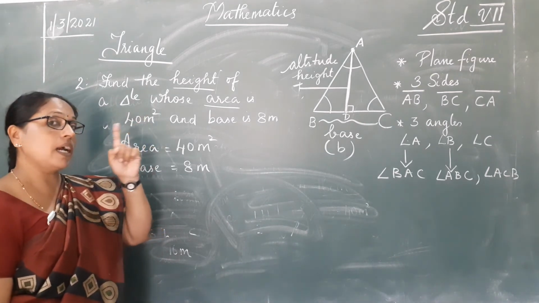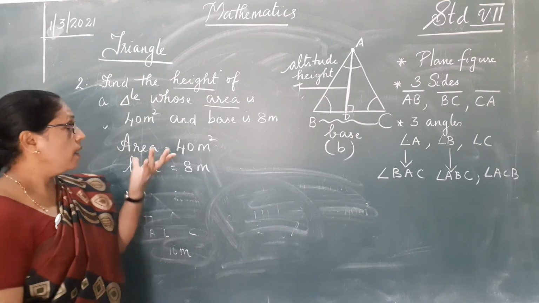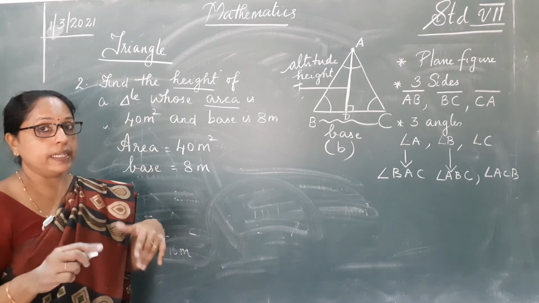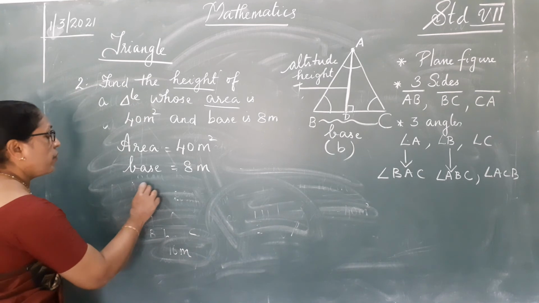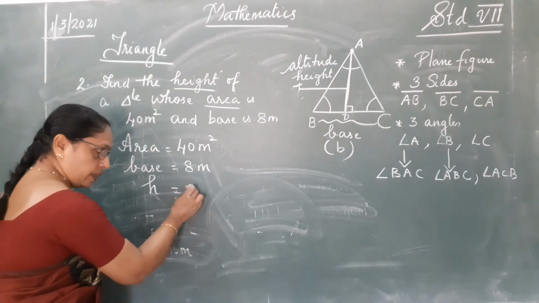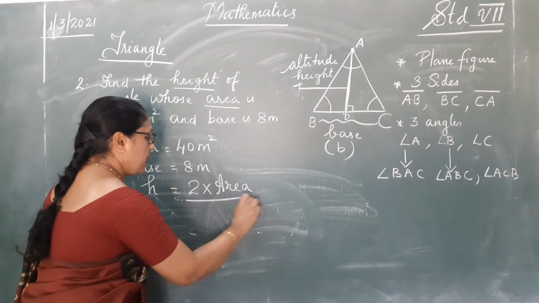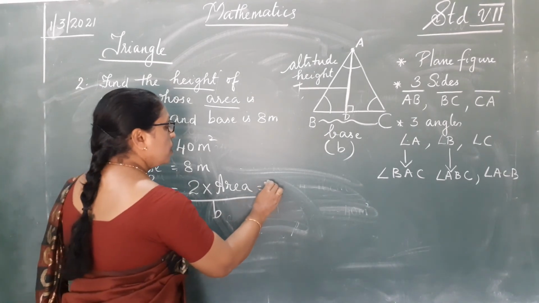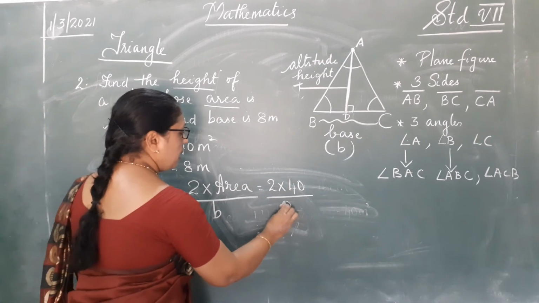Just connect: how can height be found from area? Have we learned any fact relating height and area? So how do you find height? Height is equal to 2 into area divided by base. Very good. Just put the values: 2 into 40 divided by 8.